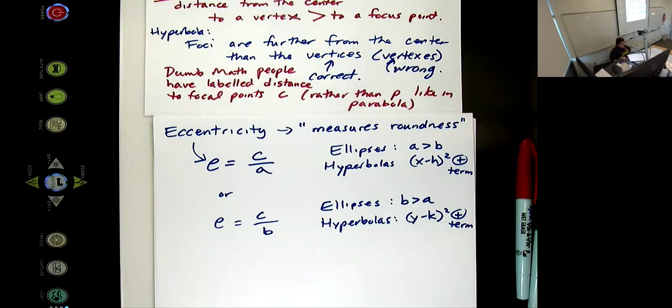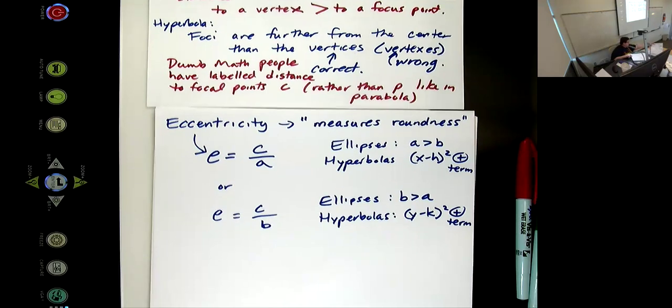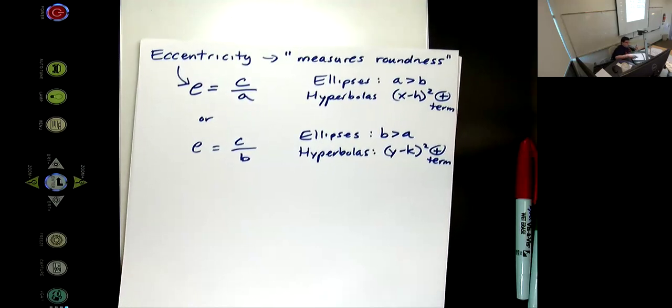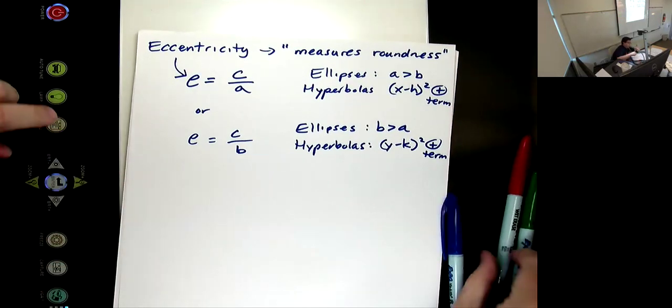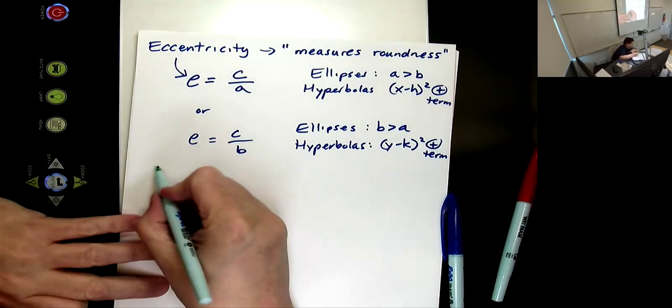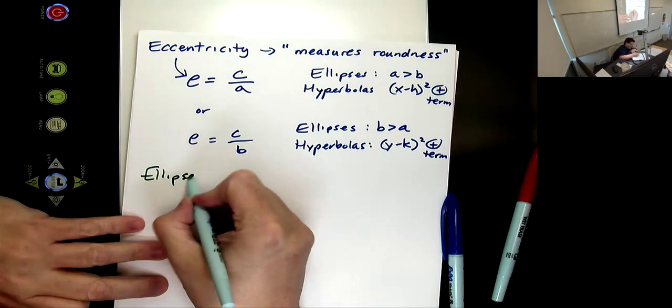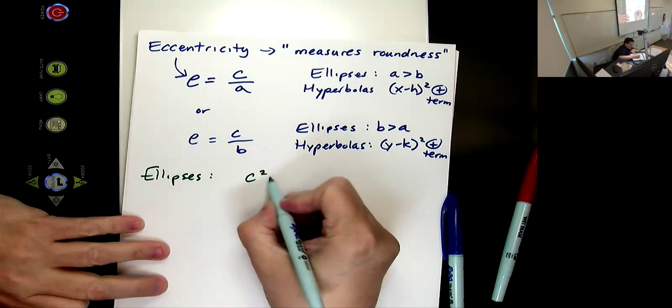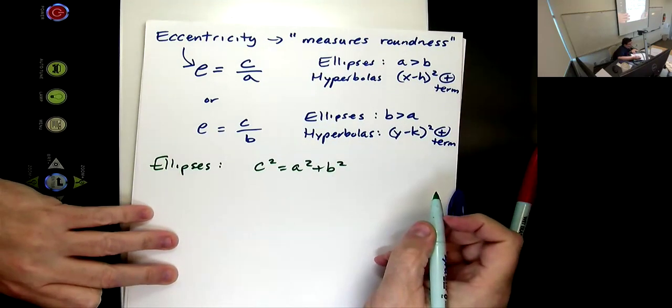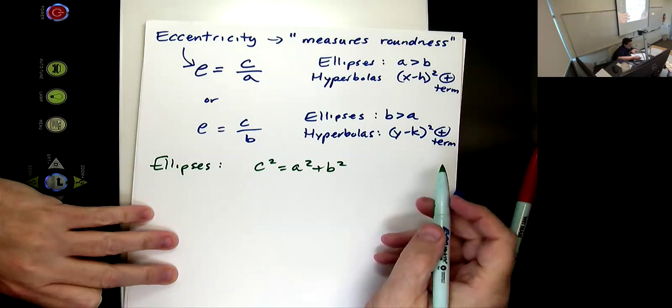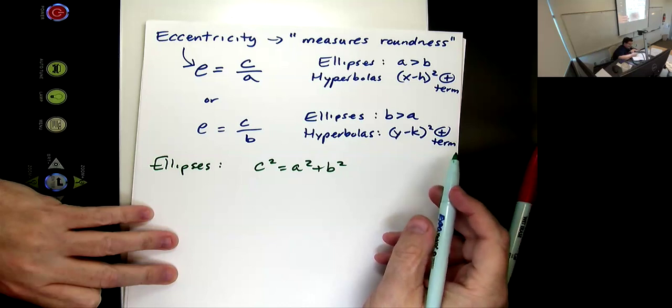So E is something we're going to calculate, A and B are in our equations. What's C? So for ellipses, C squared equals A squared plus B squared. That's just how it is.